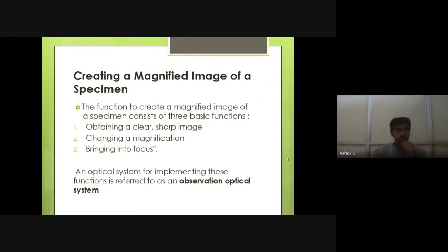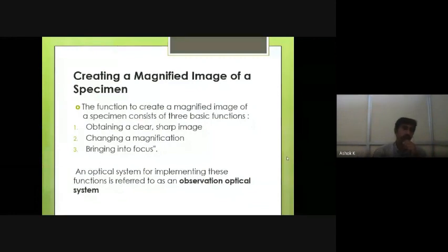The next one is changing the magnification. You know, 500x, 100x, 200x. This is an example of magnification. The scale is there, and once you set the scale to our requirement, the image is magnified. That magnification facility is available in the optical microscope.